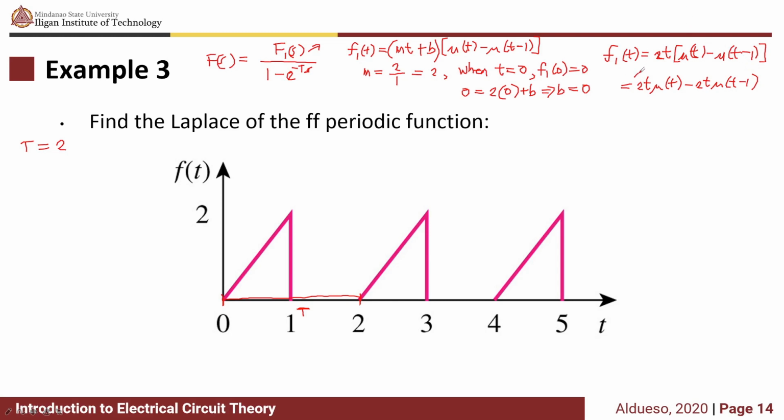So this term right here, we can directly get the Laplace transform. But this right here, we cannot directly get the Laplace transform, because we need to transform this in the form of f of t minus a times u of t minus a.